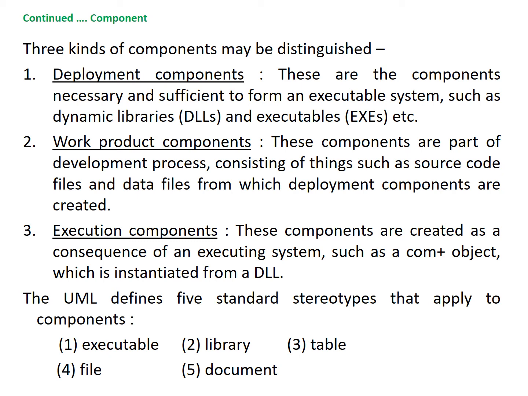These components are created as a consequence of an executing system, such as a COM+ object which is instantiated from a DLL. The UML defines 5 standard stereotypes that apply to the components. These are executable, library, table, file, and a document.